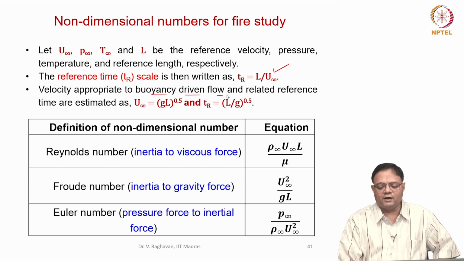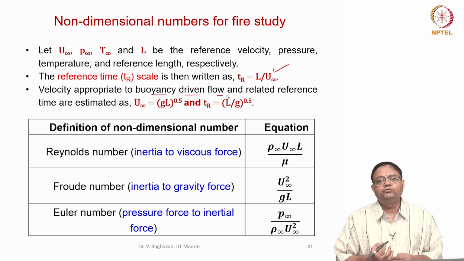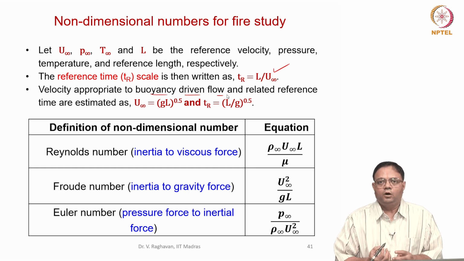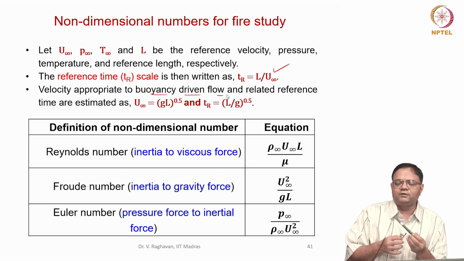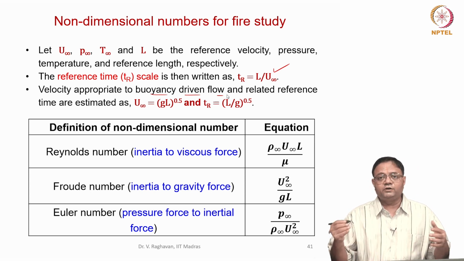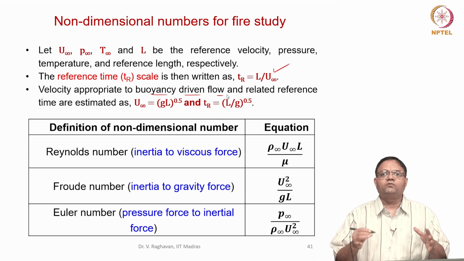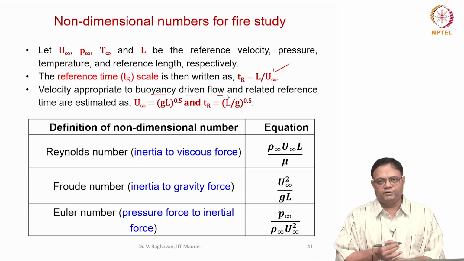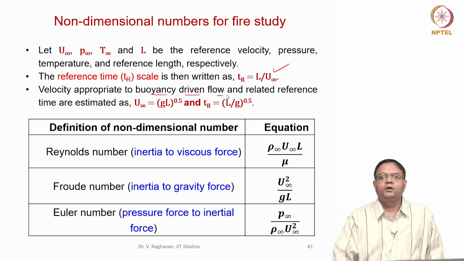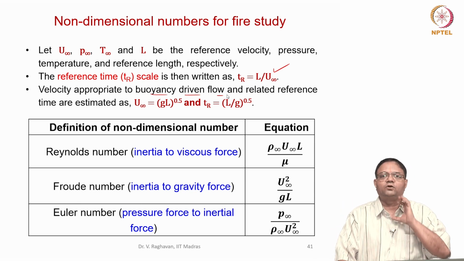You may remember that for buoyancy driven flow, you use a number called the Grashof number. What it basically says is that the magnitude of the velocity induced due to natural convection will depend upon the characteristic length of the scenario.